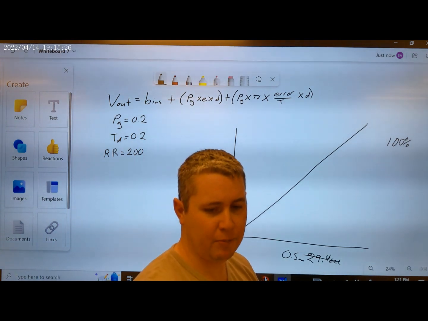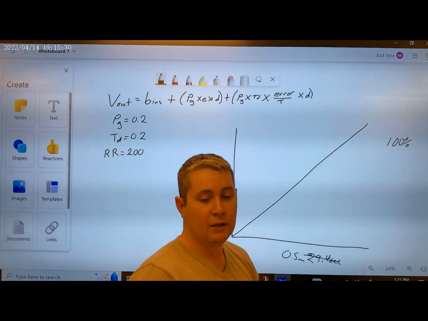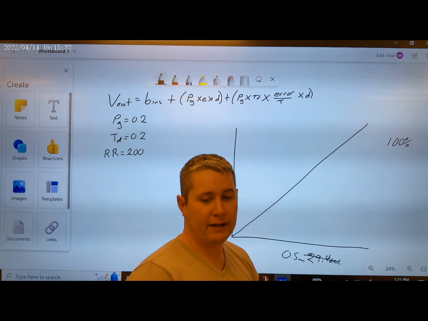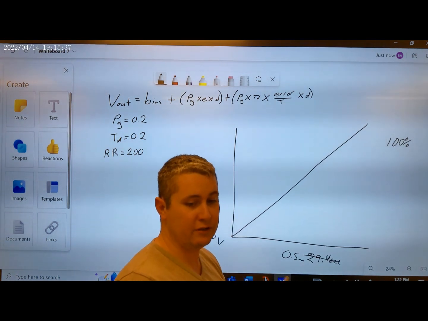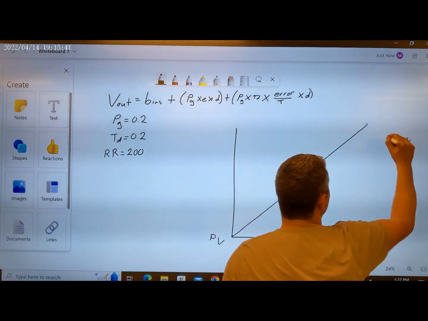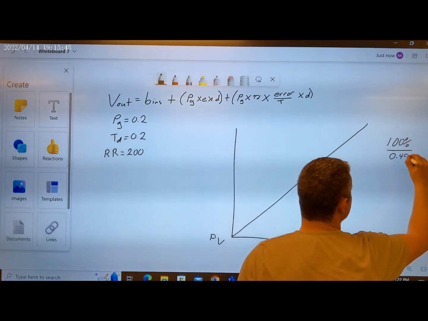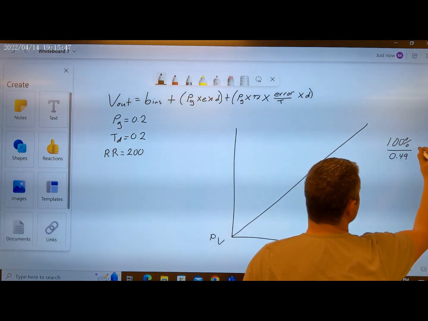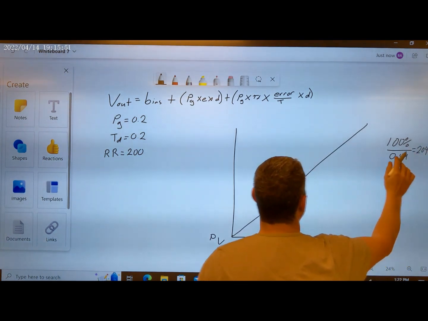That should be 0.49. So 100 divided by 0.49. Can somebody do that for me? 100 divided by 0.49. What does that give us? Equals 204. Okay.